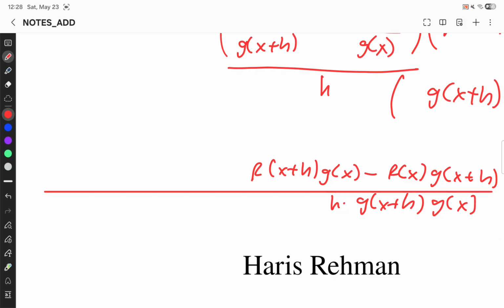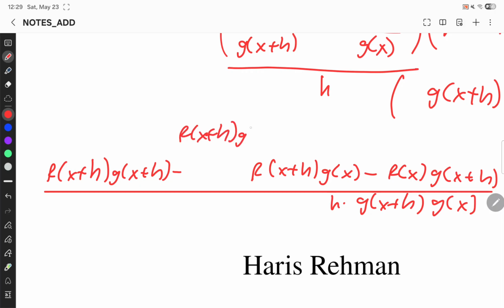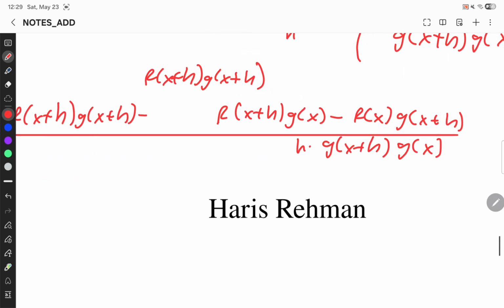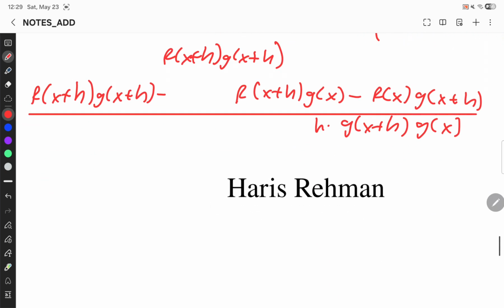We will add and subtract f of x plus h times g of x plus h. If we do this, f of x plus h, g of x plus h minus this term f of x plus h, g of x plus h. This looks a bit messed up, but I'll fix it.